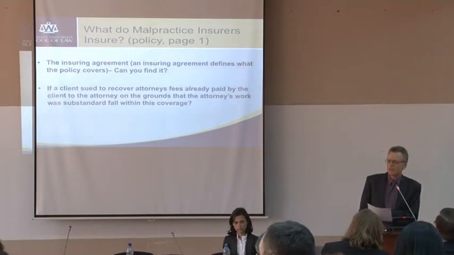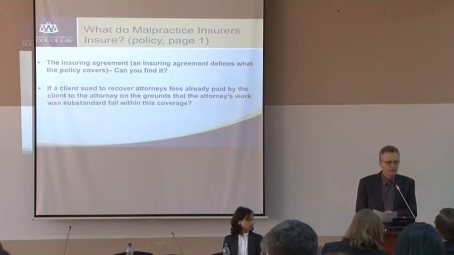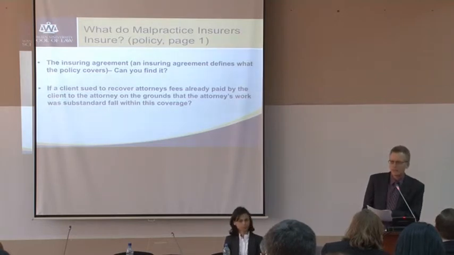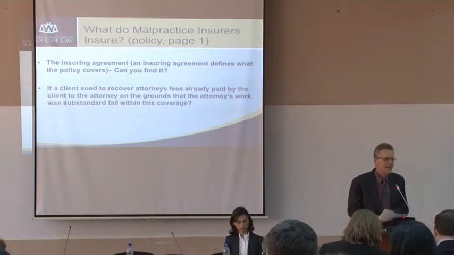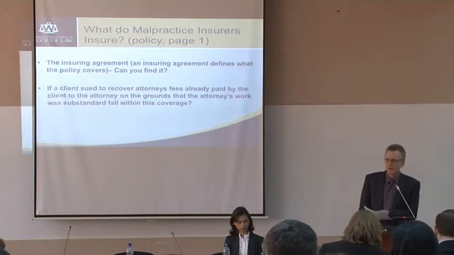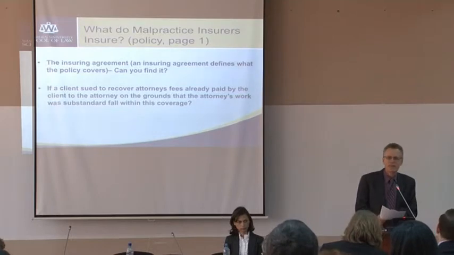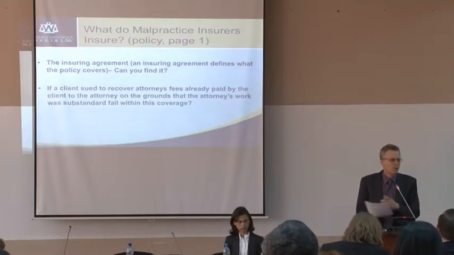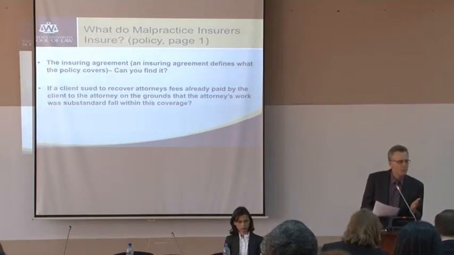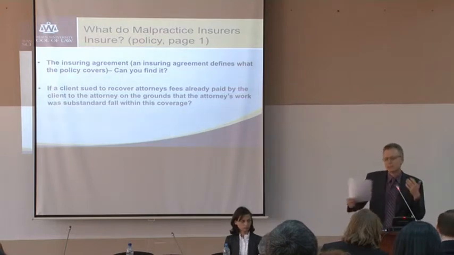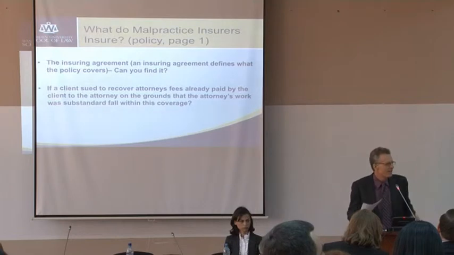In the United States today, all lawyer liability insurance is claims-based, meaning that what triggers coverage is a claim by a former client, rather than an occurrence, meaning the lawyer performing negligently. That's the way it used to be. Today, it's when the claim is made by the client that the policy in effect at that time is triggered.